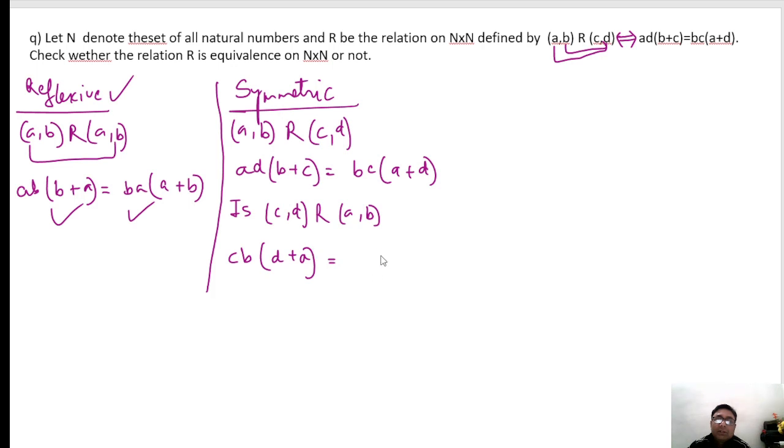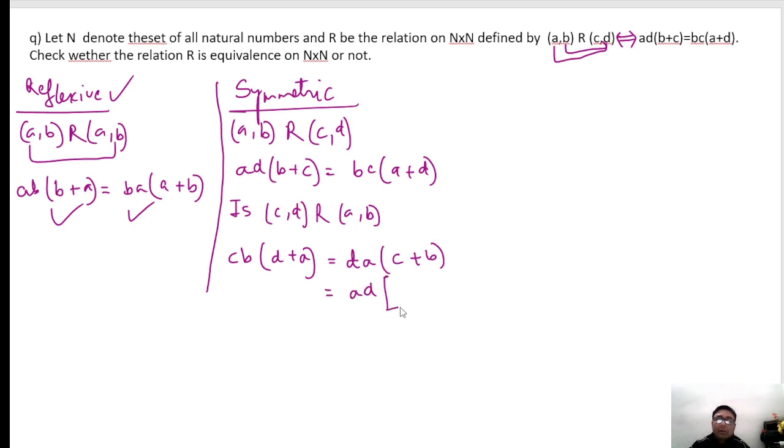Second and third means DA. And in the bracket I should write first and the last. That means C plus B. Okay. Now see what is happening. Here we can write, they are telling, is this equal to this? So let's check.